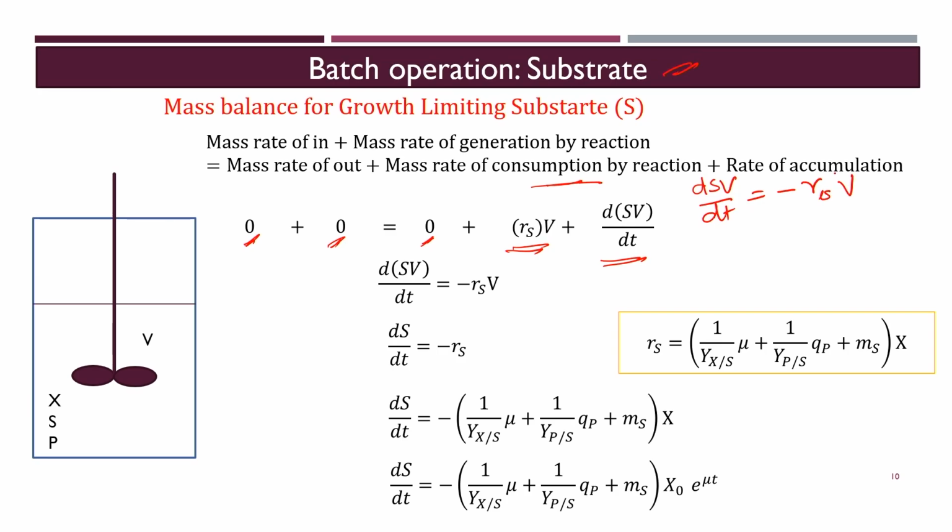Now it is very interesting to consider what RS, the rate of substrate utilization, is. We are assuming the substrate is utilized for the biomass, for the product formation if any, and in addition for the maintenance.